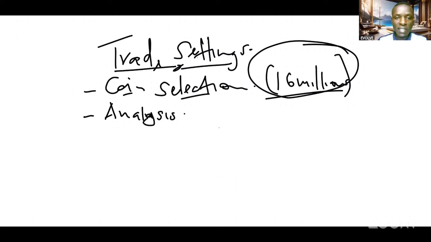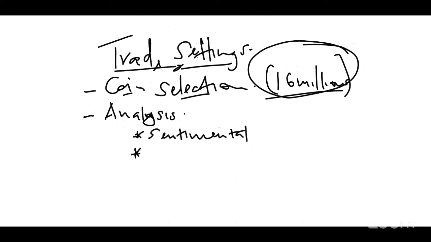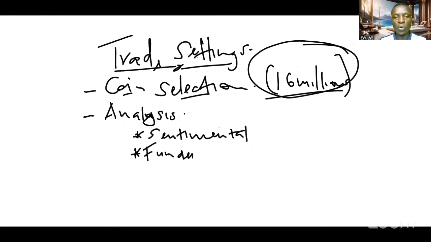In analysis, there are three types of analysis. There is sentimental, which is just for information. There is fundamental, and then there is technical.